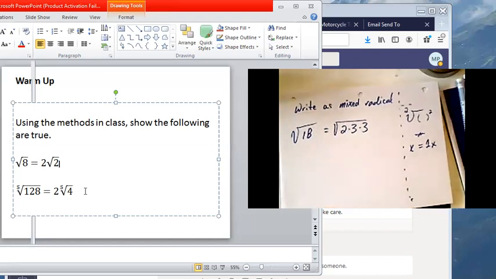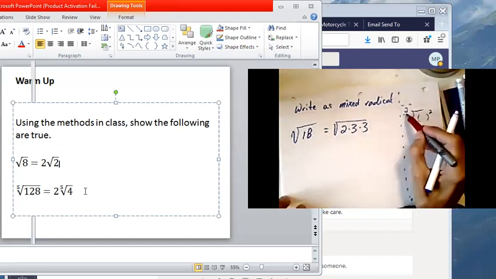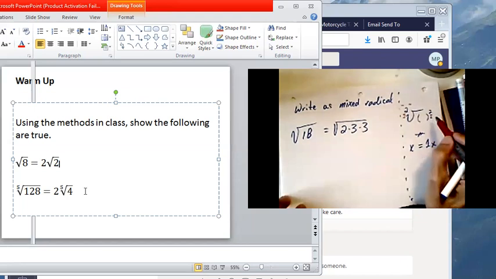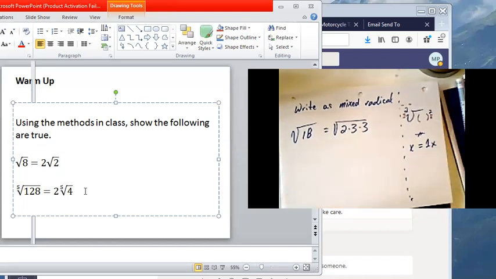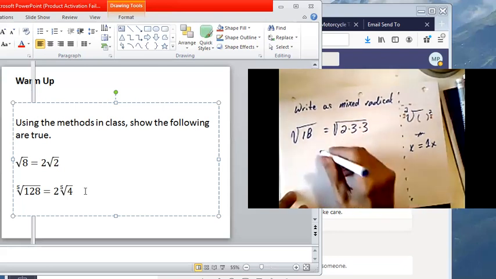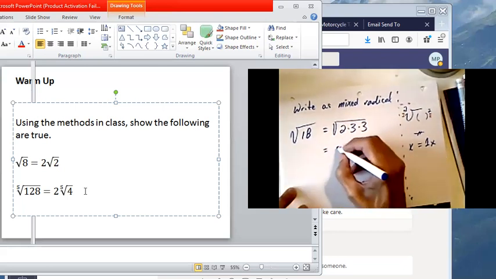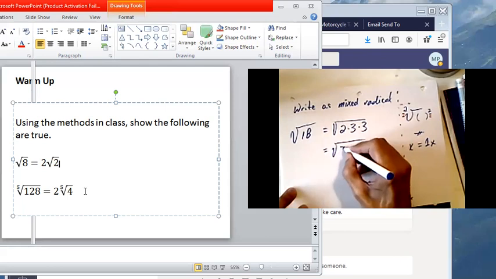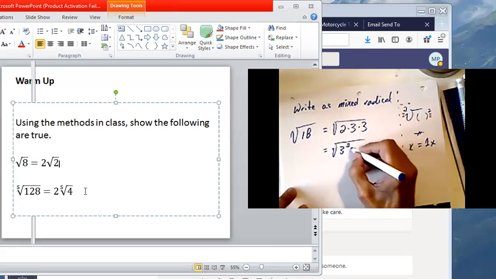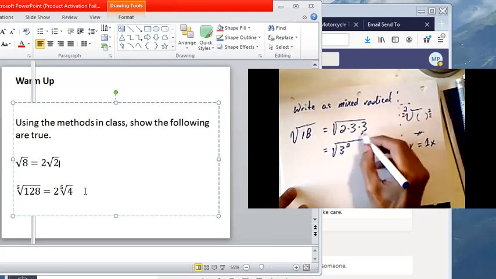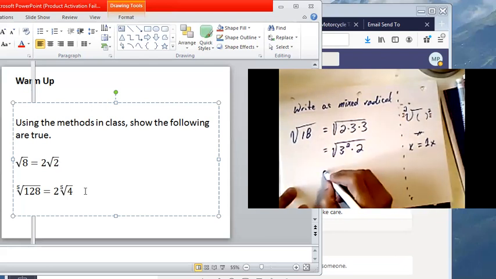What has to happen? We want these numbers the same so that they can cancel out. And so we can do that. We can write this as 3 squared, because there's 2 3's multiplied together, and a 2 like that.